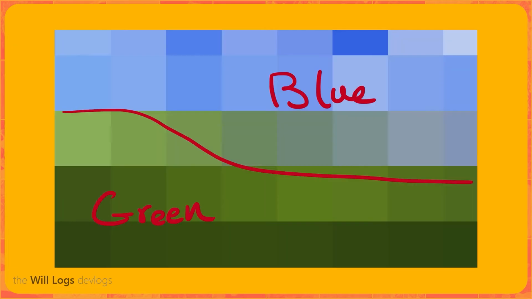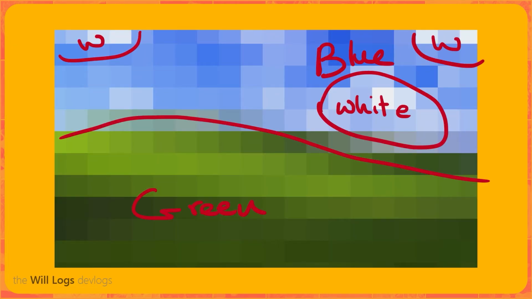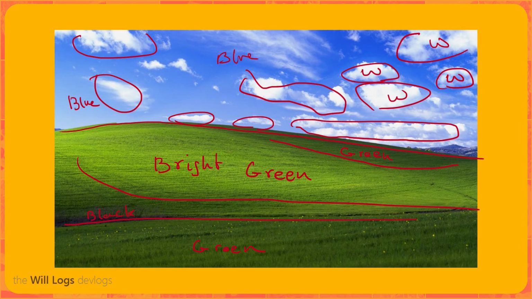And then it works with something like this, detects green, blue, and some white in some areas, and then it works with the more complicated image and learns to detect more features.